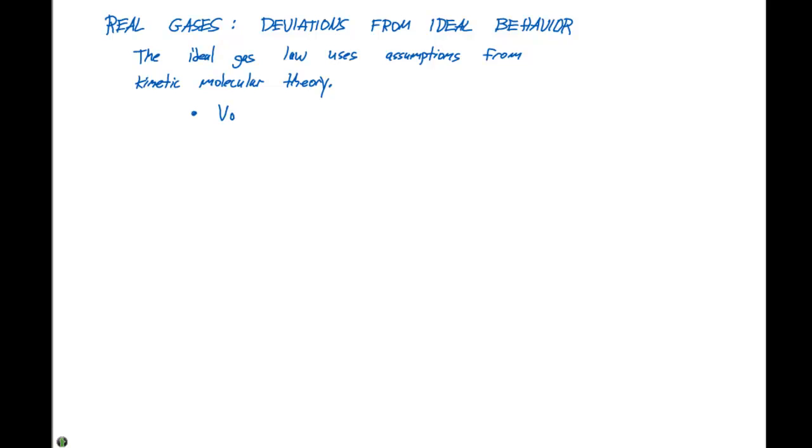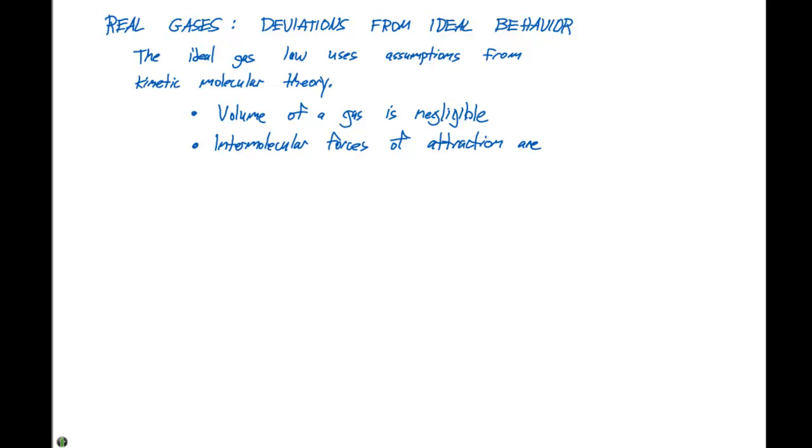Those two assumptions are that the volume of a gas is negligible and that intermolecular forces of attraction are also negligible. In the ideal gas equation, we actually assume that each of these is zero.